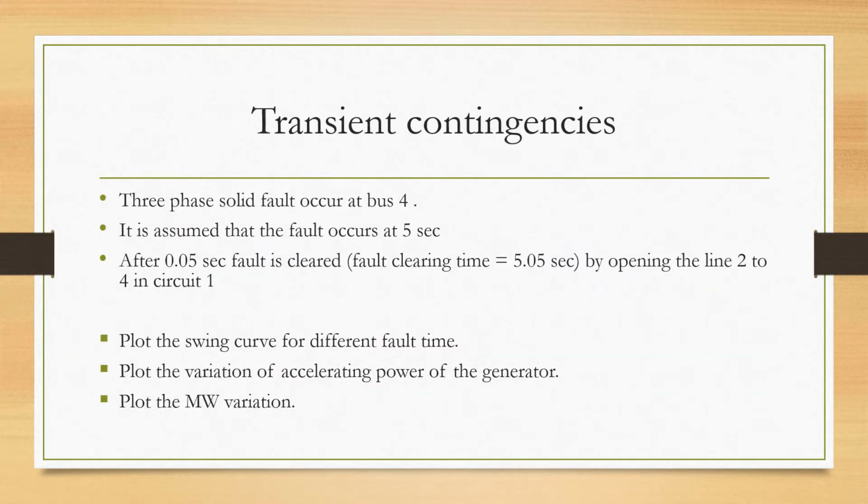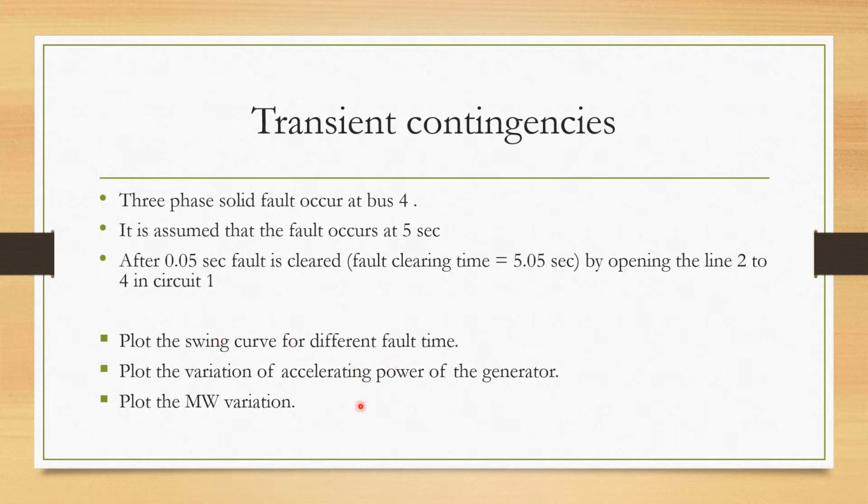Transient contingencies. Here we have to select a set of contingencies to do the transient analysis. Here we assume the fault occurs at bus 4 at 5 seconds and it is cleared at 0.05 second by opening the line that runs from 2 to 4 in the circuit.